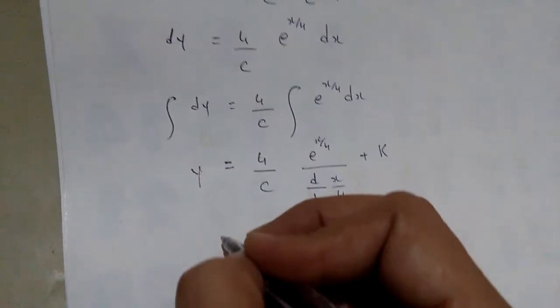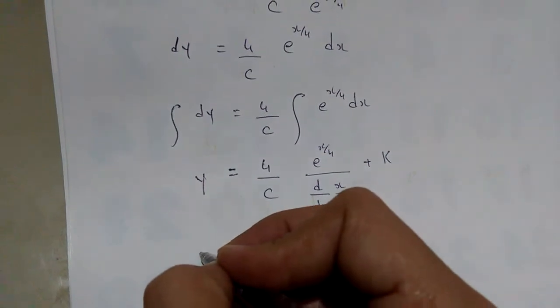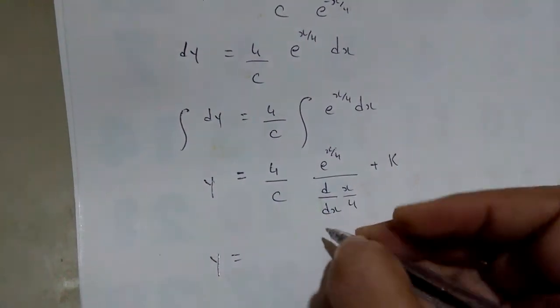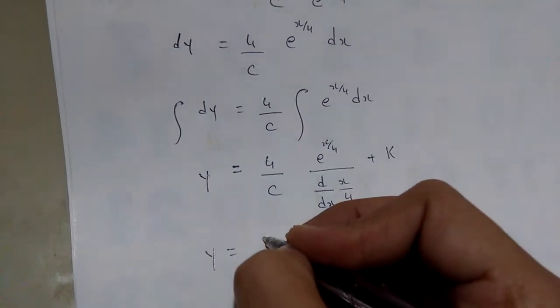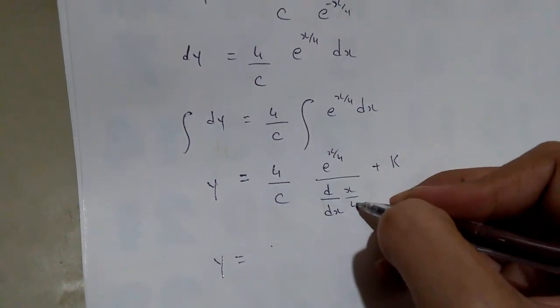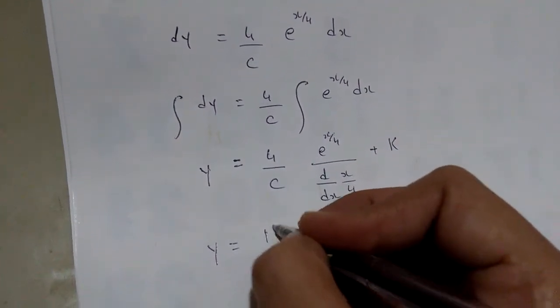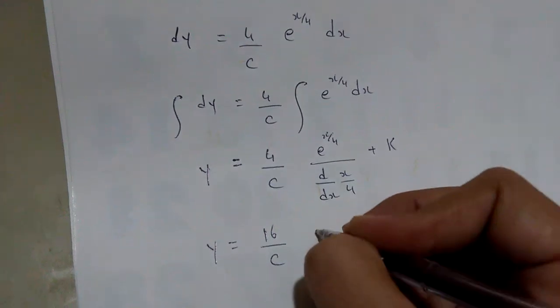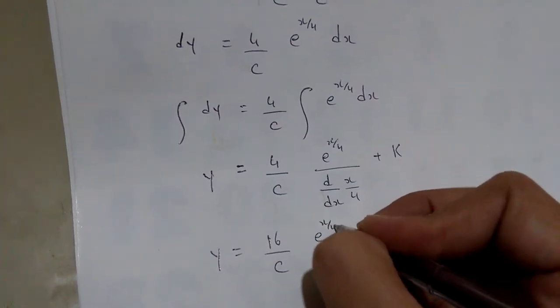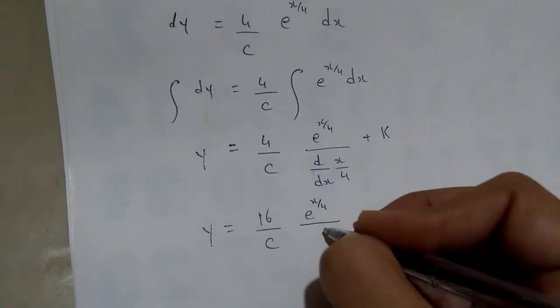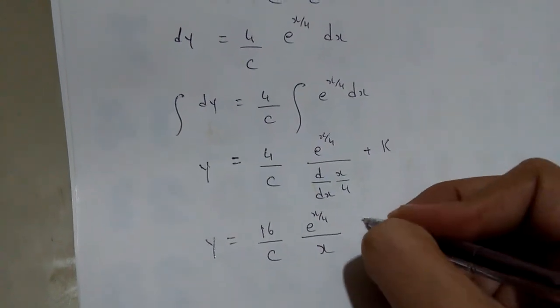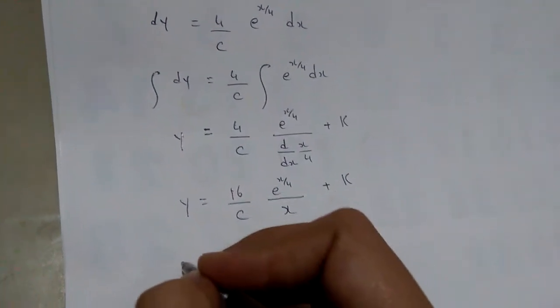Okay, this 4 will go above, and it becomes 16 upon c, e to the power x by 4, plus some constant. Okay.